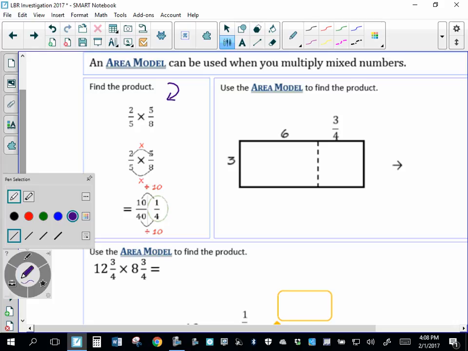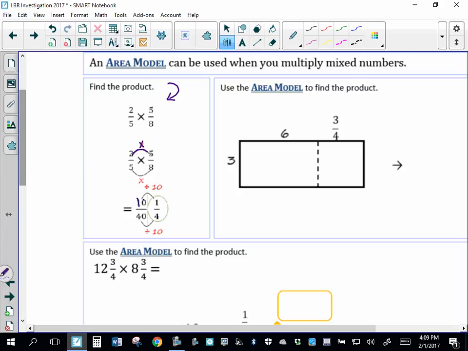You just multiply 2 times 5 and you get 10, and you multiply 5 times 8 and you get 40. When you simplify that, you get a fourth. So when you look at a finished note catcher, follow it through and make sure you understand what the reading is.